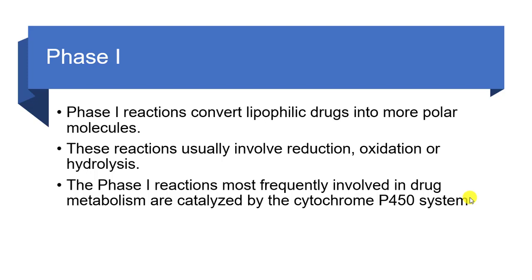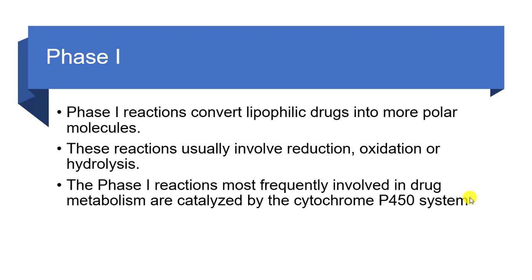It is what basically biotransforms the drugs from these lipophilic substances into more polar molecules. This is essentially a long and lengthy process, but what I need you to understand is that these lipophilic drugs are being converted into more polar molecules via different oxidation, reduction, and hydrolysis reactions. So this is what happens during the phase 1 reaction.